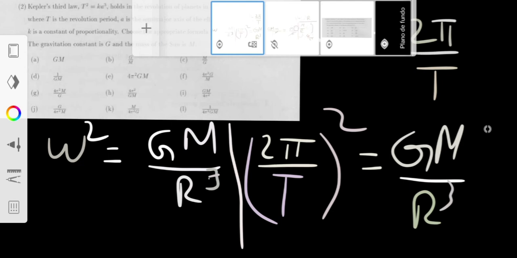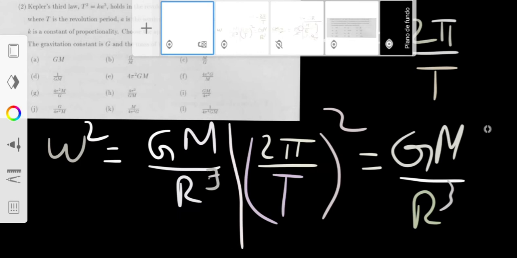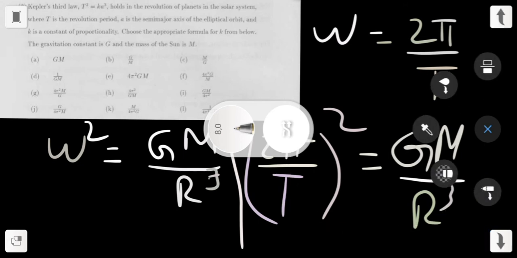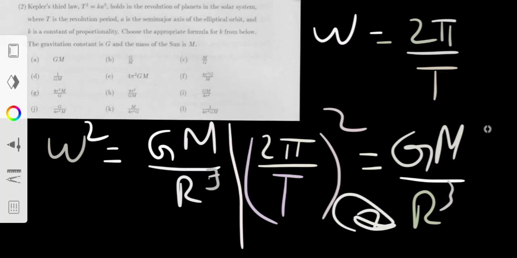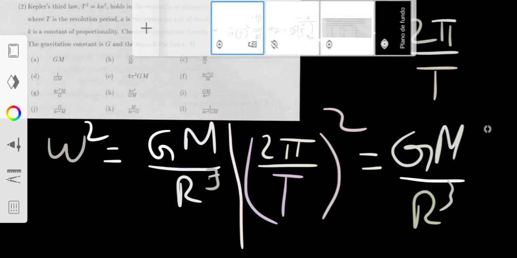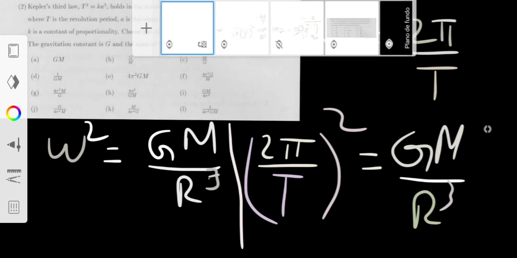So let's take a new page over here. Remember what we had. We had over here 2 pi squared, well, I'm going to take the T squared over there, and 2 pi squared will stay here. So I'm just going to manipulate this part in the new page.